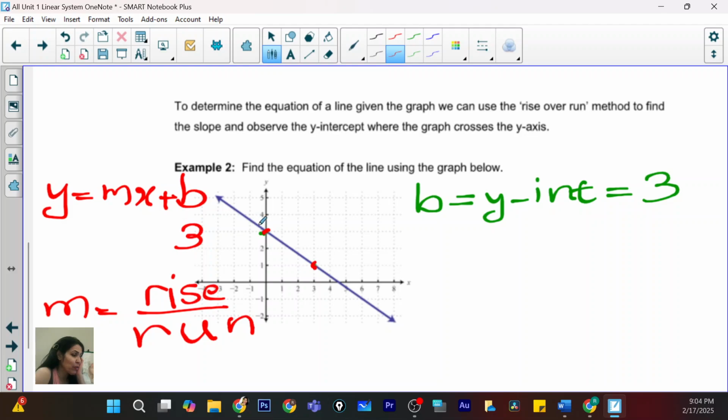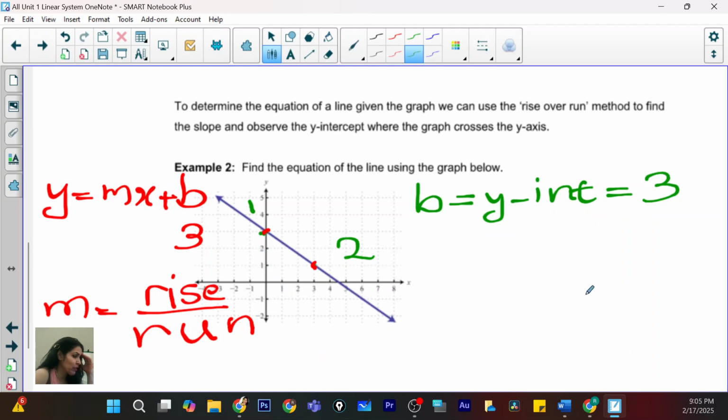Let's start from the point on the left. This point is the left one and this one is the right, so you have 2 points. From point 1, we start from this point and travel to this point. Rise over run: to get from point 1 to point 2, for the rise you have to come 1, 2 units down.